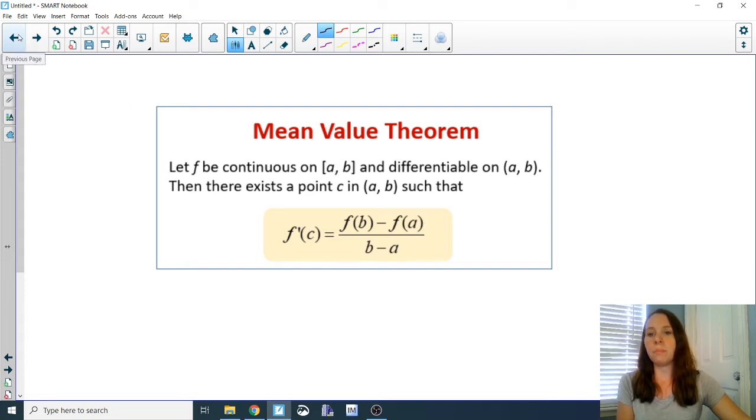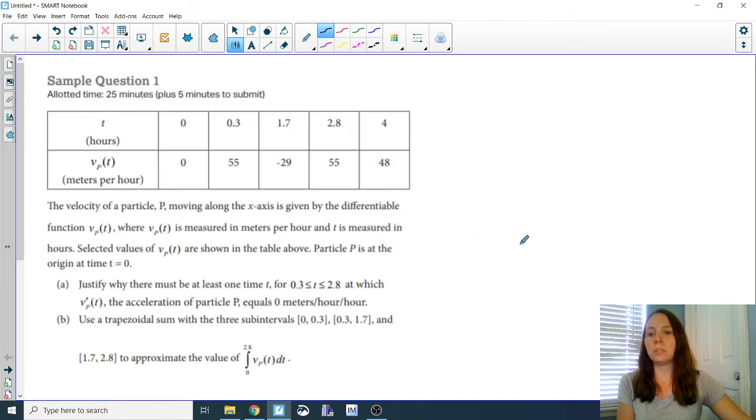All right, what that really means for you is, first of all, you need to make sure to establish the fact that the mean value theorem would apply here. And it will apply because of this word. Since our velocity function is given to be a differentiable function, that means that it is both continuous and differentiable on this interval.